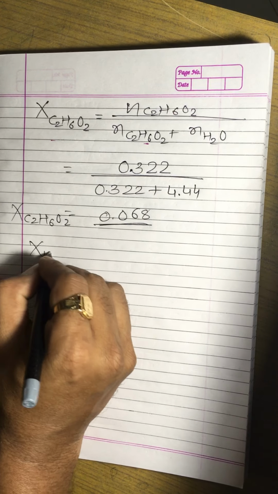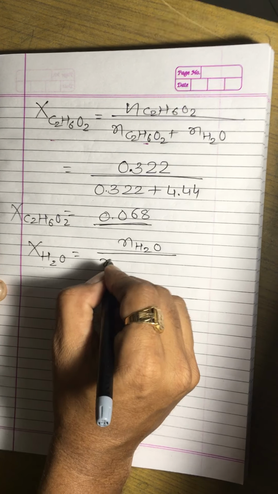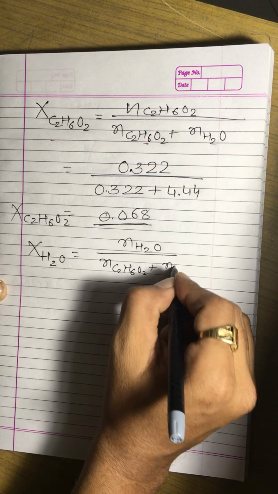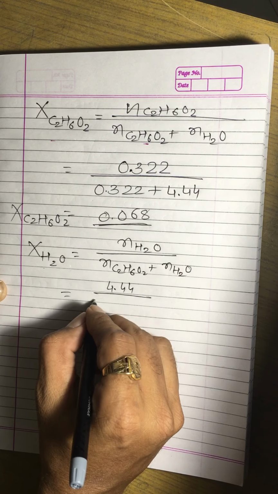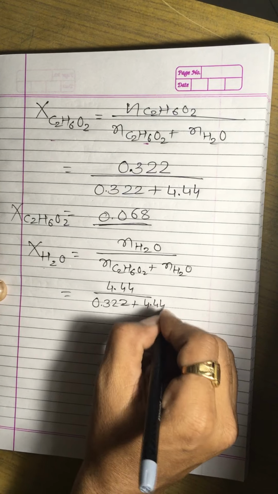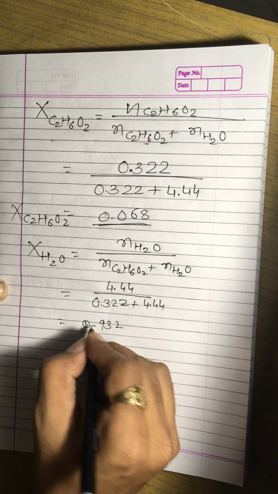Same way, mole fraction of H2O is equal to moles of H2O upon moles of C2H6O2 plus moles of H2O. That is 4.44 upon 0.322 plus 4.44, which is 0.932.